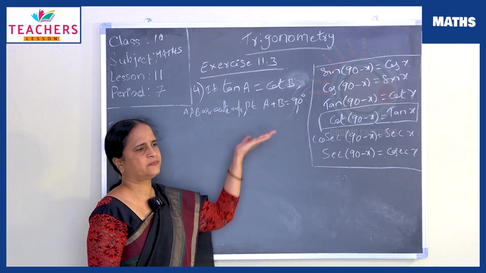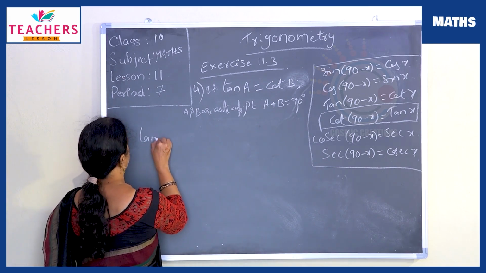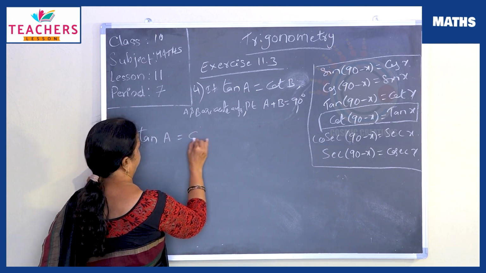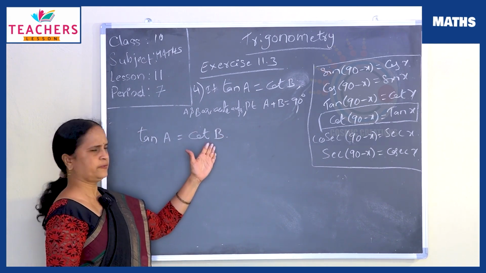Very easy. You do not need to put efforts on it. Given tan A is equal to cot B.